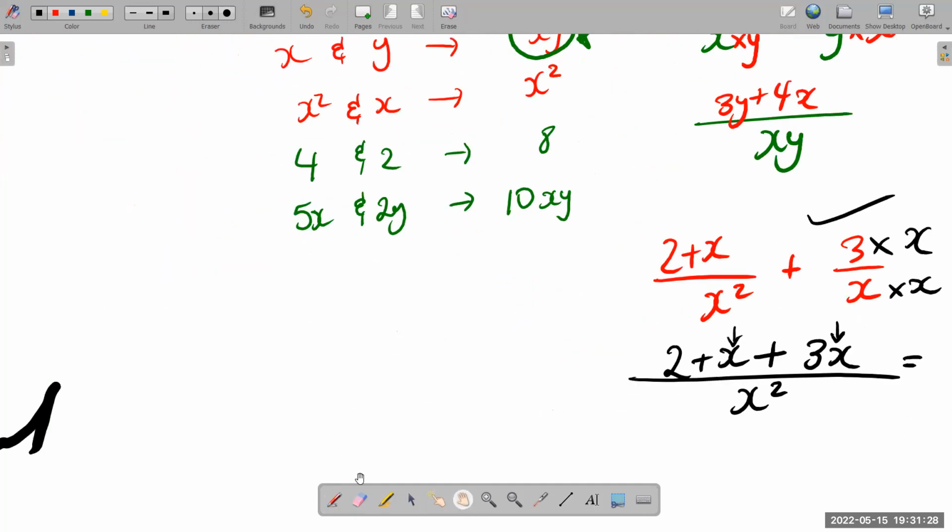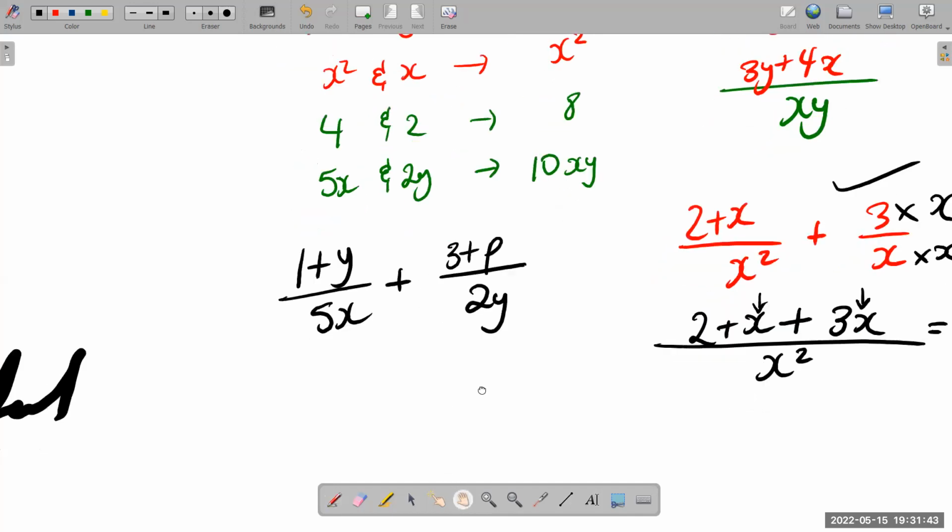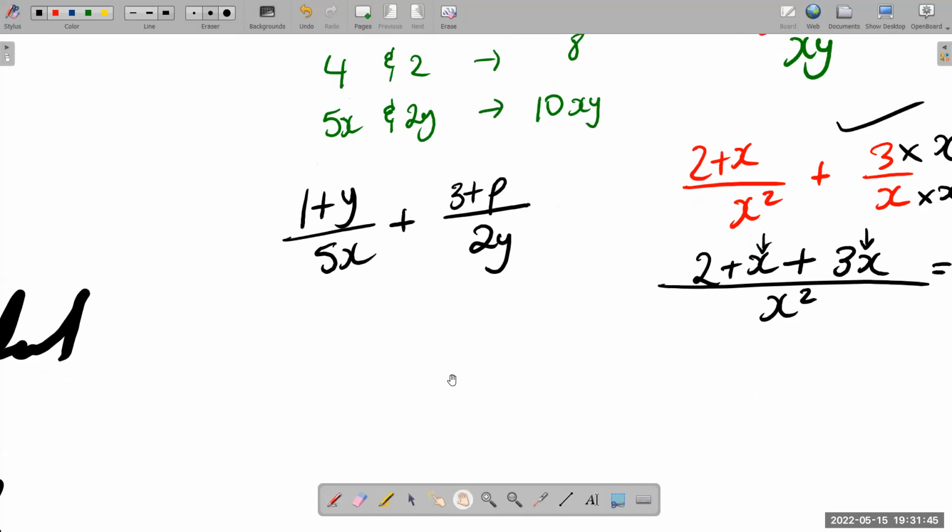Let's try one that has the 5x and the 2y. So let's say 1 plus y over 5x, plus 3 plus p over 2y. This is how these questions could come. And let me put a subtraction sign here because this is the hard part.